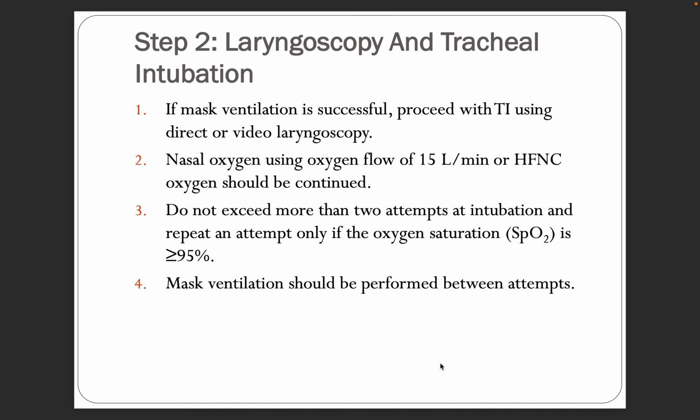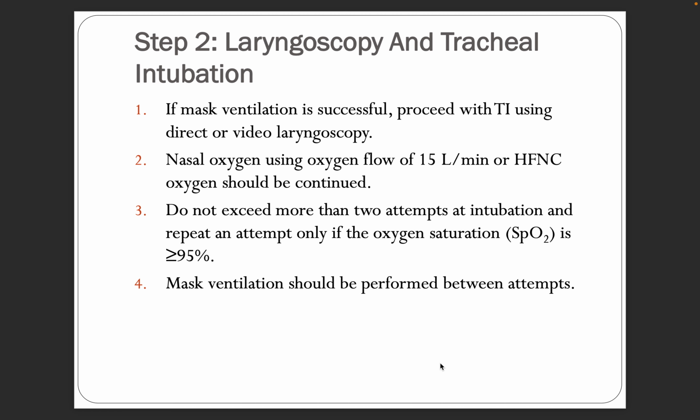Now the second step is laryngoscopy and tracheal intubation. If mask ventilation is successful, proceed to intubation using direct or video laryngoscope. And here, if you remember, we had some evidence towards video laryngoscopy, the success of first pass attempts with the help of video laryngoscopy.